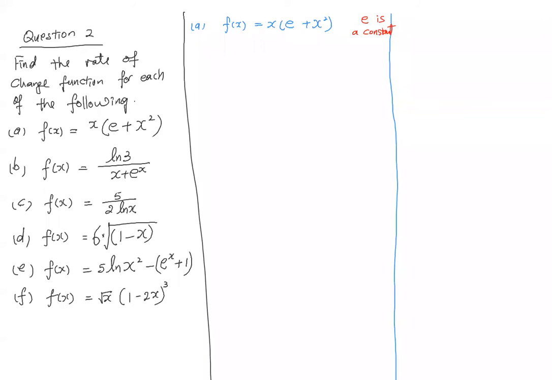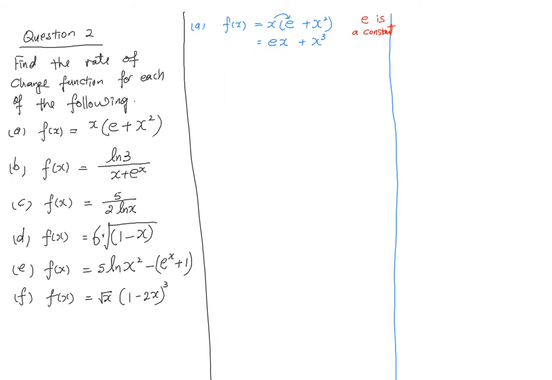Okay, Sihan, how to do part A? We write the equation as e times x plus x to the power of 3. Okay, so everyone, you get what I mean? Because this e is a constant, so I expand it. So this will be x to the power 1 plus 2, so x to the power 3.